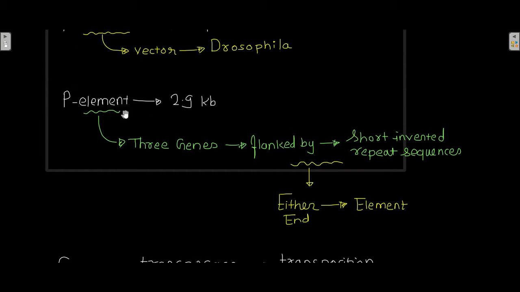This P element has a size of 2.9 kb and contains 3 genes which are flanked by short inverted repeat sequences, present at either end of the element.